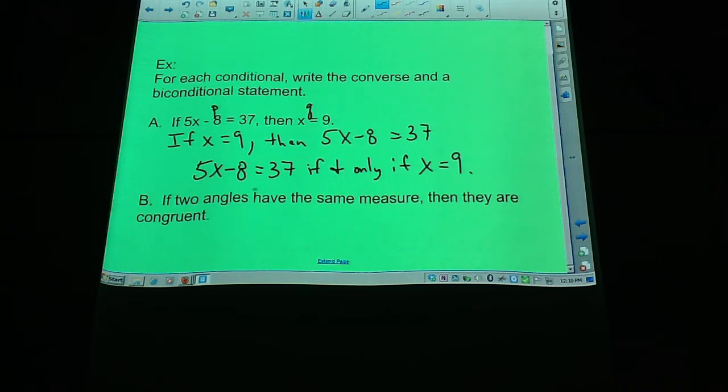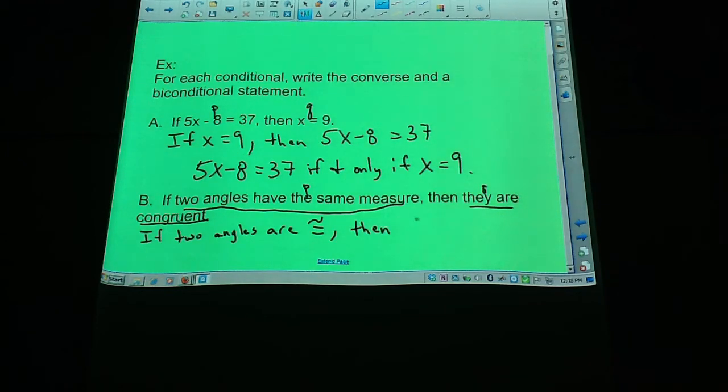So the converse is going to flip our P with our Q. So we're going to put if two angles are congruent, and I'm just going to use a symbol to cut down on some writing, then they have the same measure.